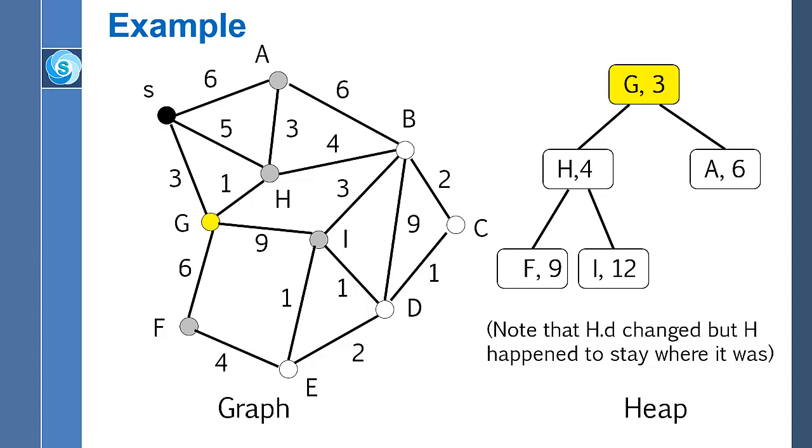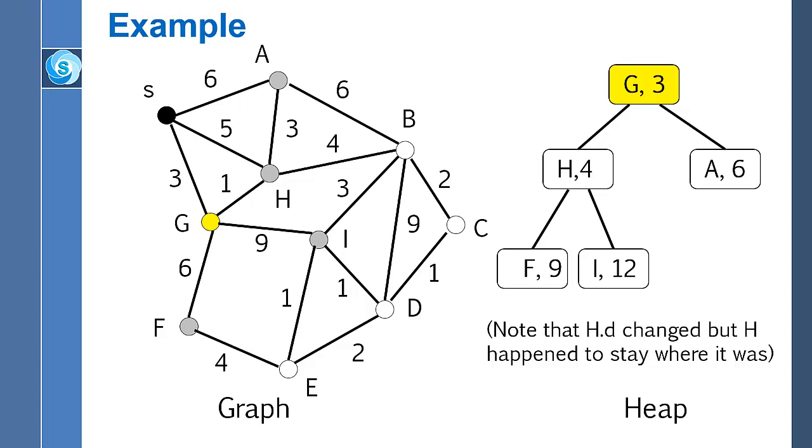Okay, so here's what we have to do. We have to consider this inequality. Capital G dot little d plus the weight of the edge connecting G to H. Well, let's pause. What is that equal to? That's clearly equal to 3 plus 1, right? That's 4.